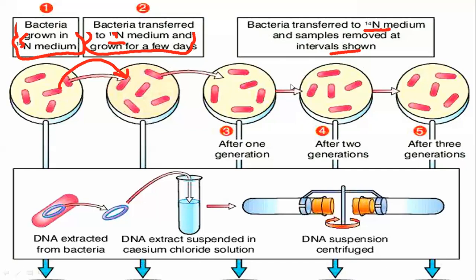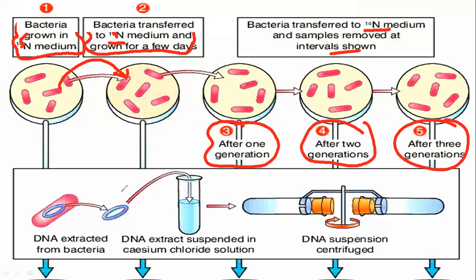What we did was, after 1 generation, after 2 generations, after 3 generations, we extracted the DNA from the bacteria, and we know that this is called a plasmid. That's a ring-shaped separate DNA in bacteria, which is also used in biotechnology and even for the production of insulin. I hope you remember from your O levels.